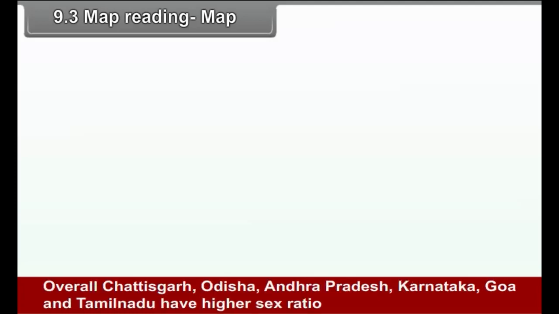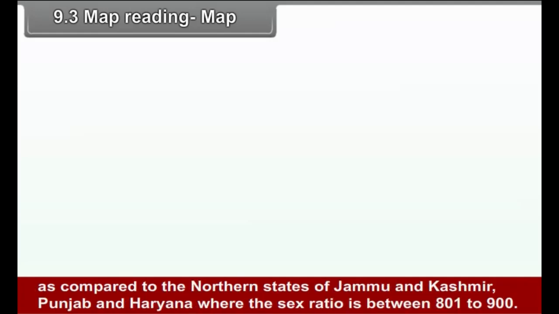Overall, Chhattisgarh, Odisha, Andhra Pradesh, Karnataka, Goa and Tamil Nadu have higher sex ratios as compared to the northern states of Jammu and Kashmir, Punjab and Haryana, whereas the sex ratio is between 801 to 900.